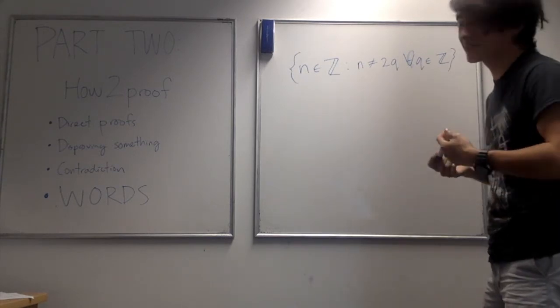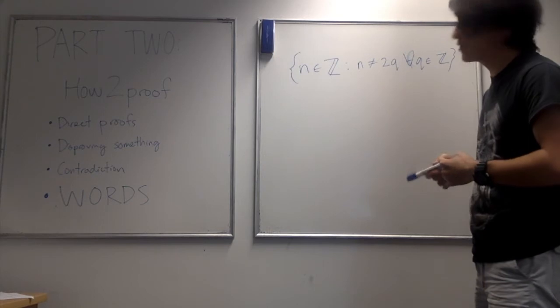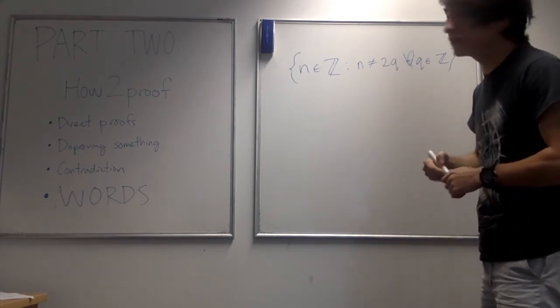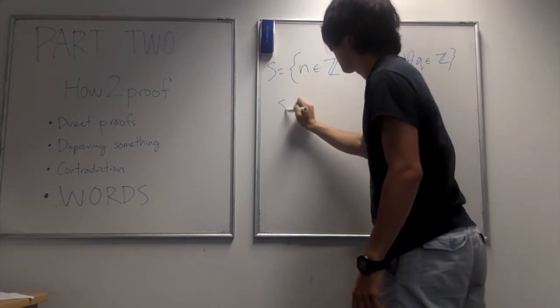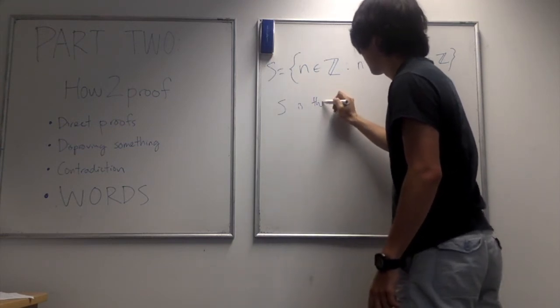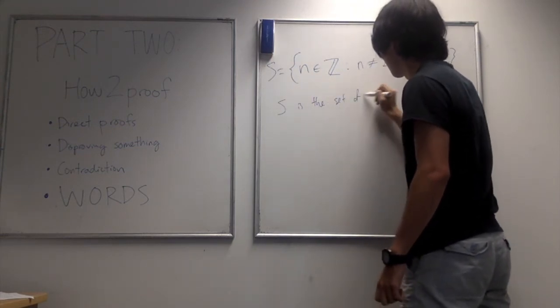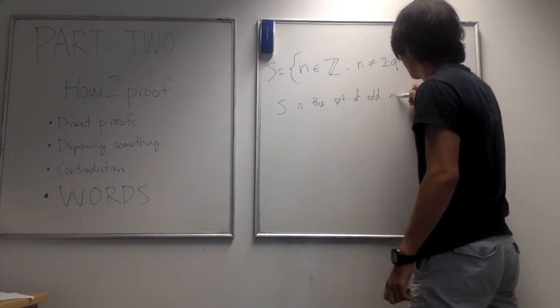It's gross. Symbols everywhere. In reality, this is just a set of odd numbers. So instead of saying S equals that, you could say S is the set of odd numbers.